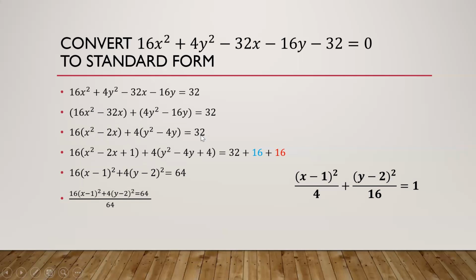Then once we reach this point, we complete the square, and then we simplify to get this. And then after, when you reach this point, we divide the whole equation by the constant, which is 64. So when we divide that, we get our answer.